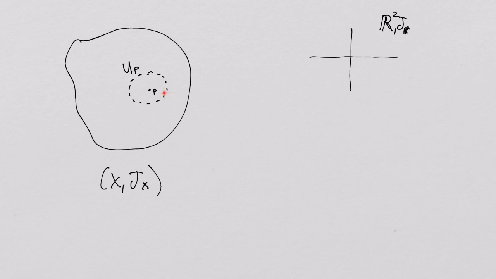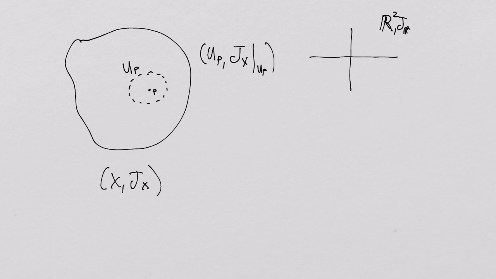The union of all of them will equal U_P, and then we can throw in the null set. Suddenly U_P is its own topological space. The set is U_P, and the topology is the topology of X restricted to U_P.